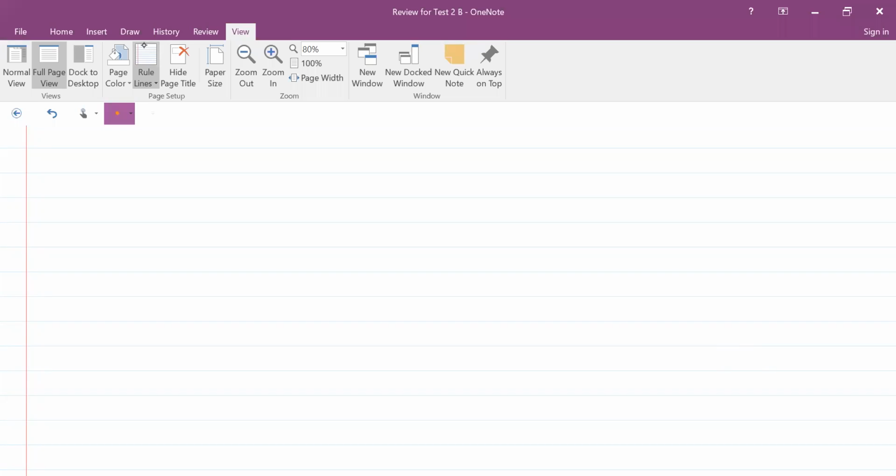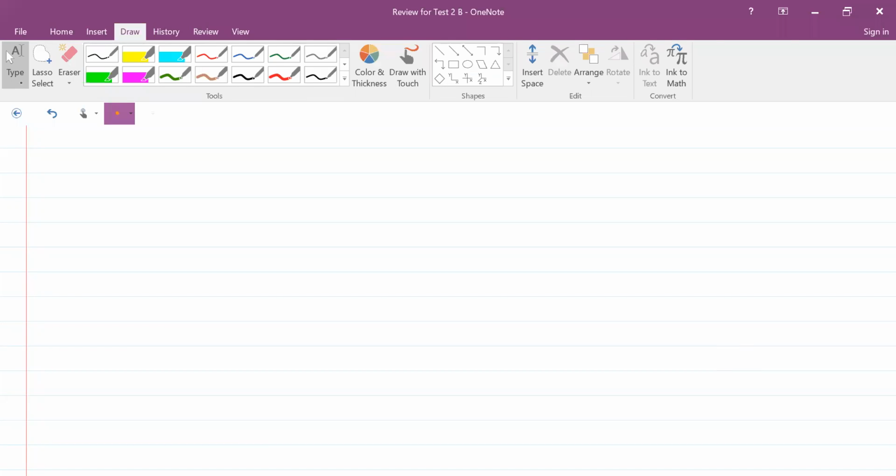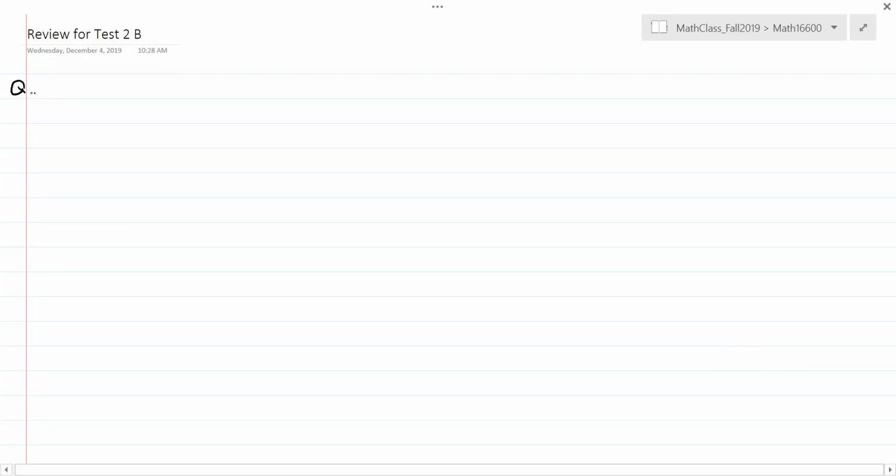So let's see. The first problem: find the exact length of the curve.